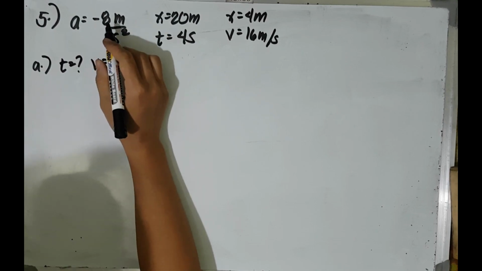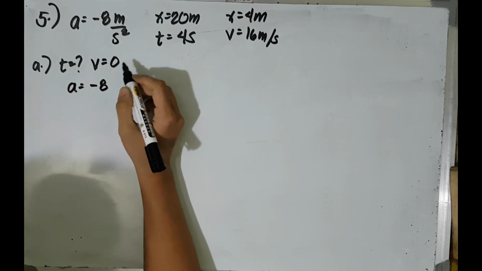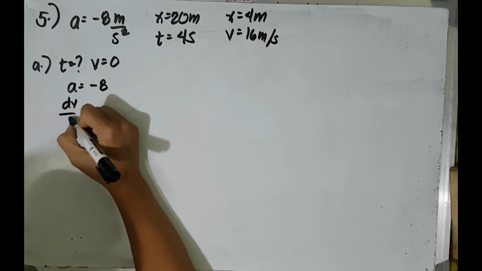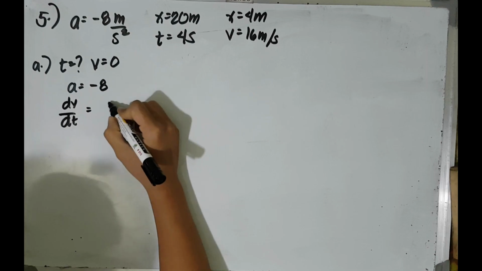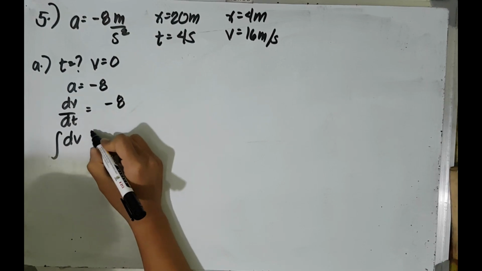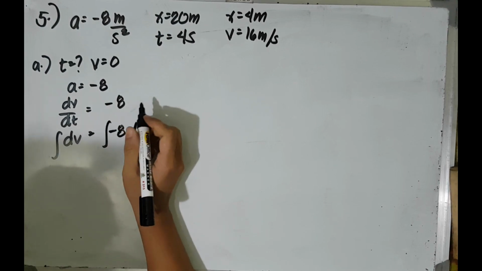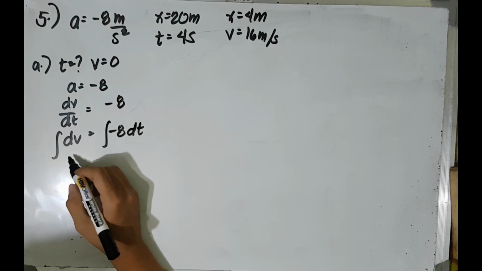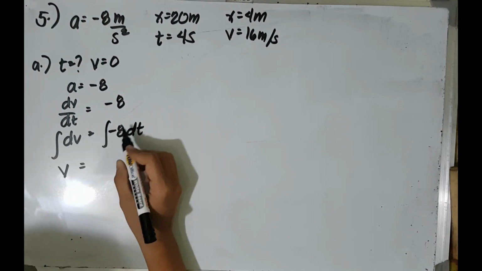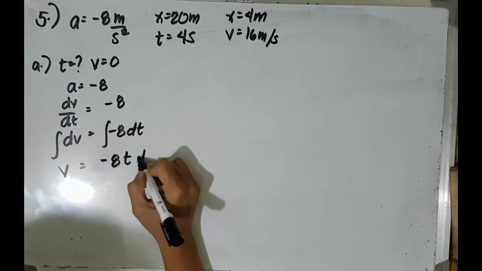So para makakuha tayo ng velocity equation, we will integrate the acceleration with respect to time. So integrate natin, dv is equal to negative 8 dt. So v is equal to negative 8t plus a certain constant c.